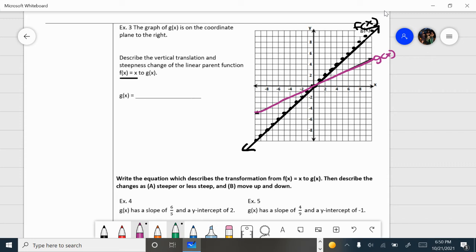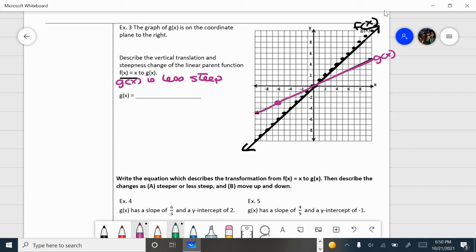So g of x is less steep. But our y-intercept is still at 0, 0. Our y-intercept is still the same. So let's figure out what our slope is for g of x so we can write our equation.